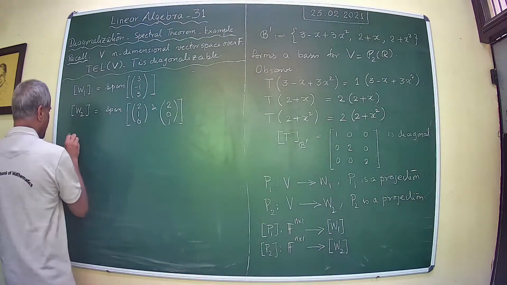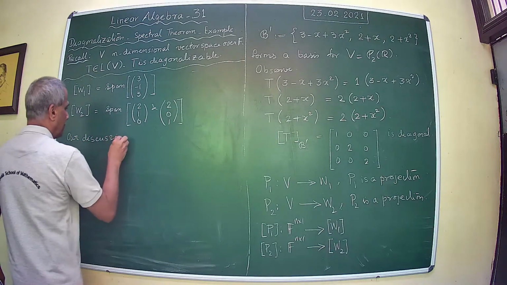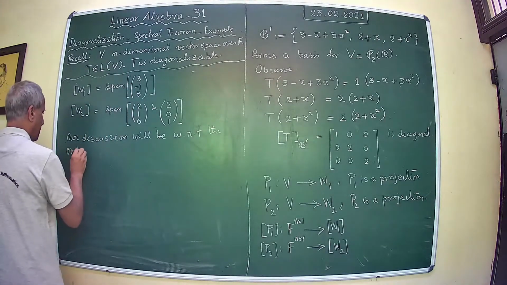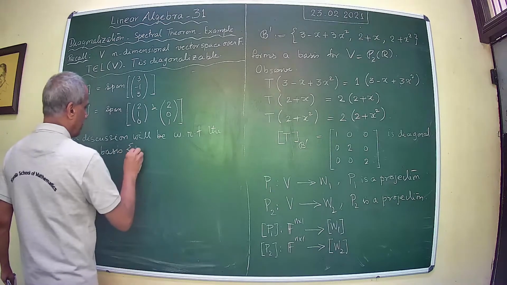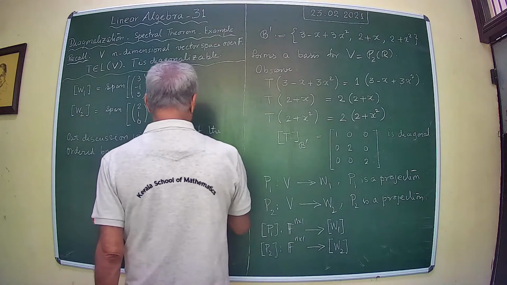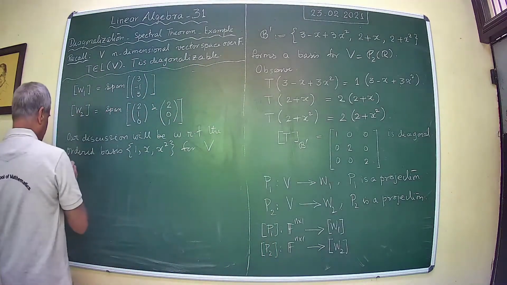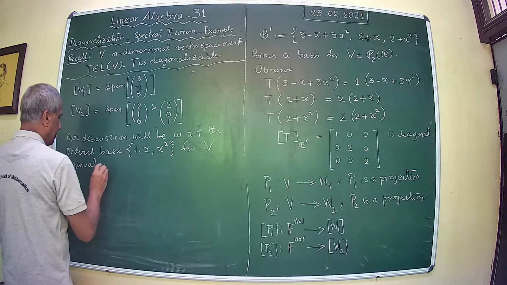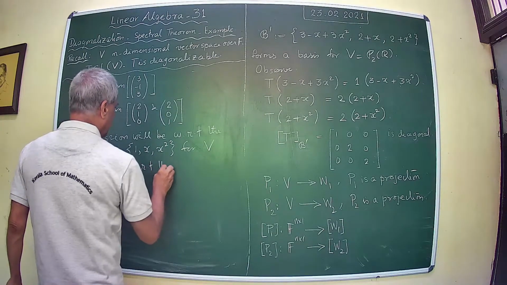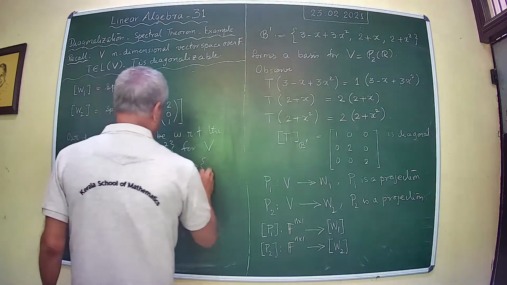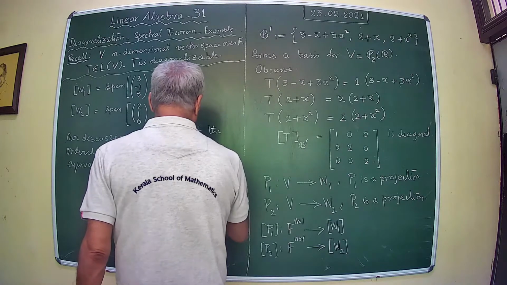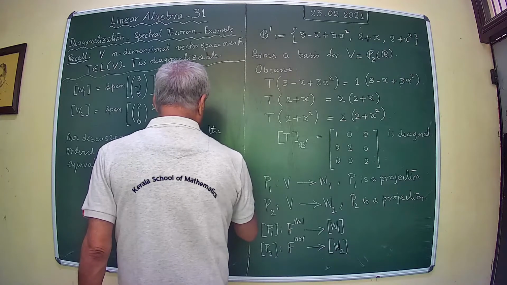So our discussion will be for B, equivalently with respect to the basis B1, 1 0 0, 0 1 0 and 0 0 1.